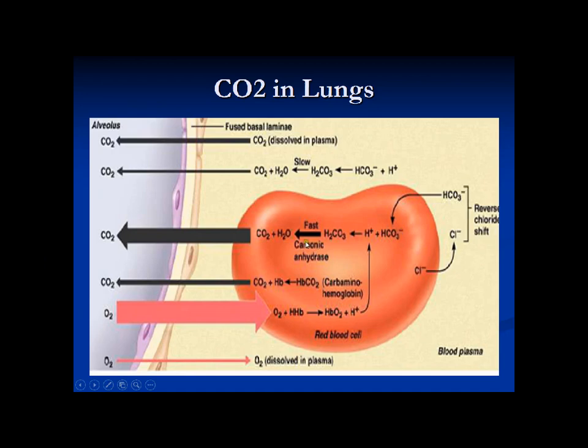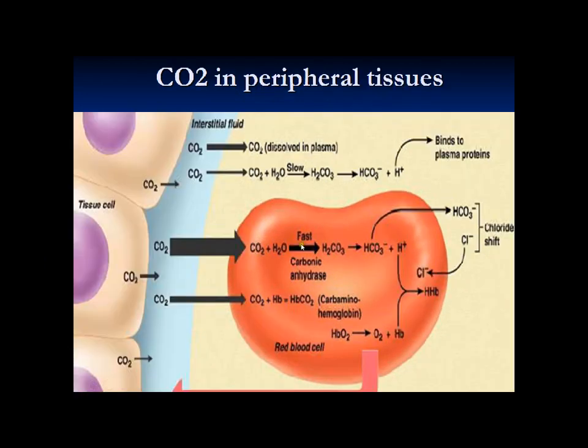Now, when each molecule of carbon dioxide enters the RBC in the venous blood, one molecule of either bicarbonate or chloride is going to be formed.